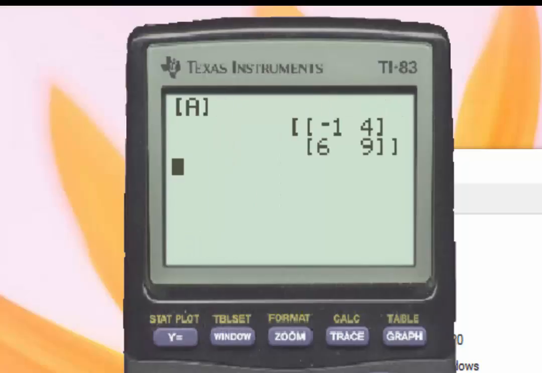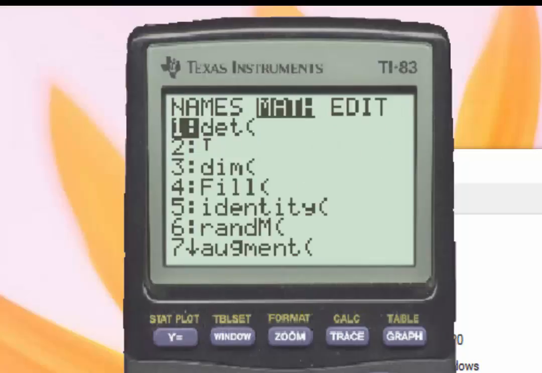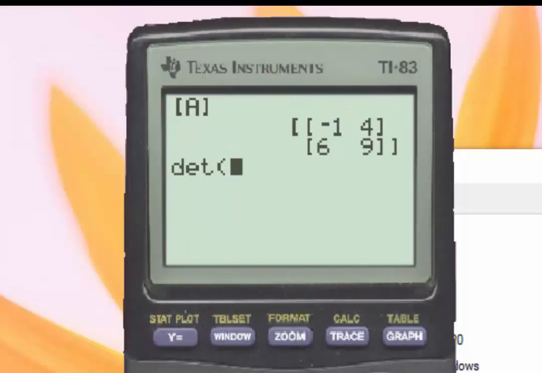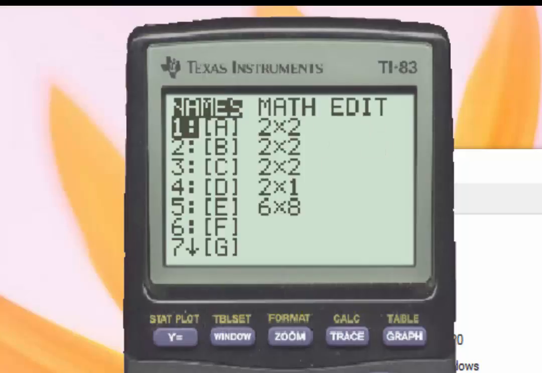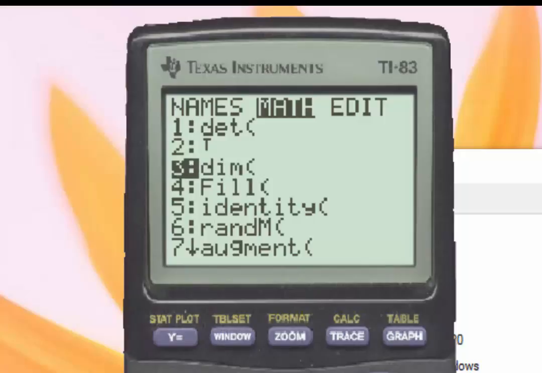There it is. And I want to calculate the determinant of A minus lambda I. My calculator knows how to do this kind of stuff. So I want the determinant of A minus -3, that's plus 3, times the identity. And I can scroll down here to get that.